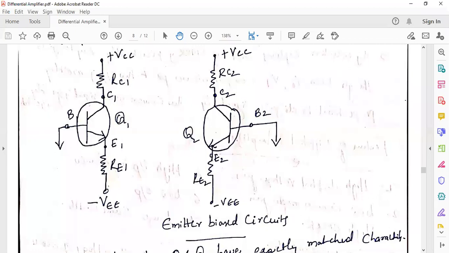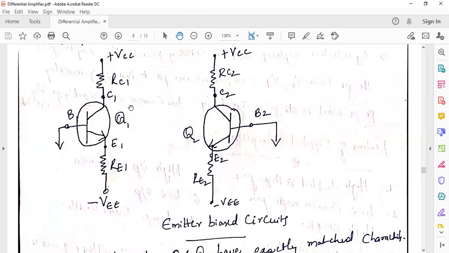Okay, and another consideration, the two collector resistances RC1 and RC2 are also equal. While considering the emitter bias circuits, we have to remember some considerations.